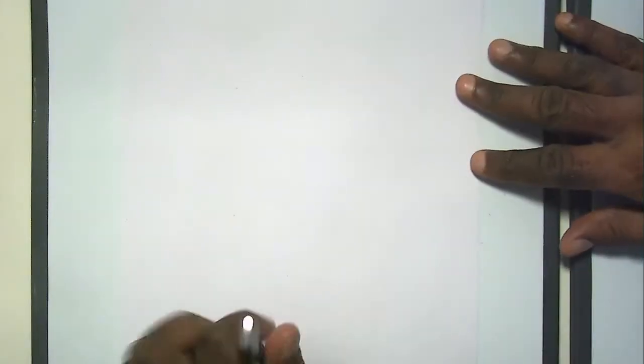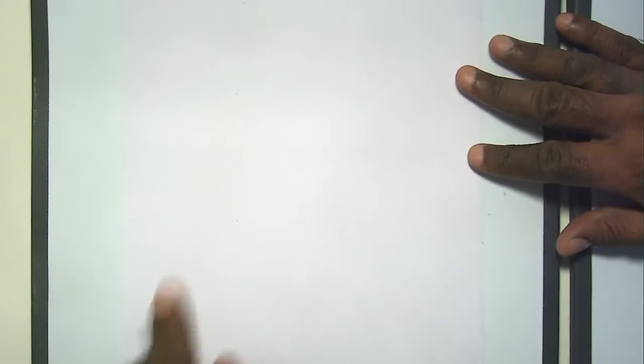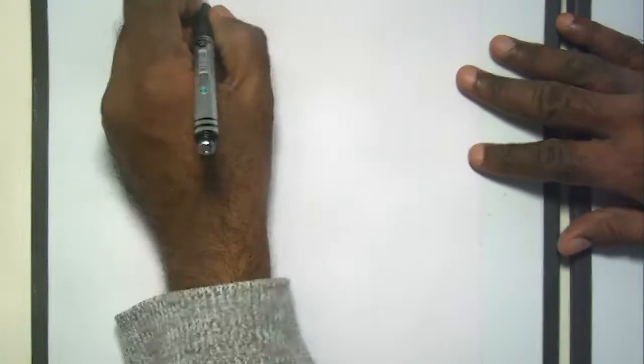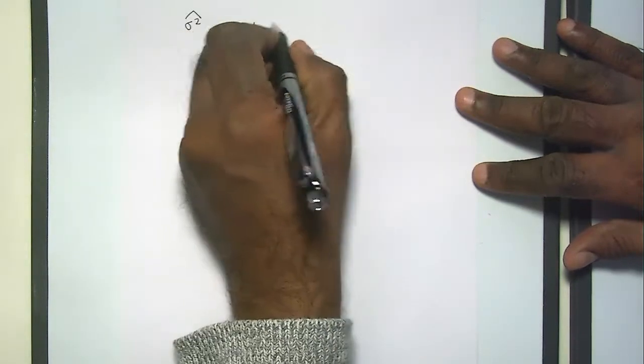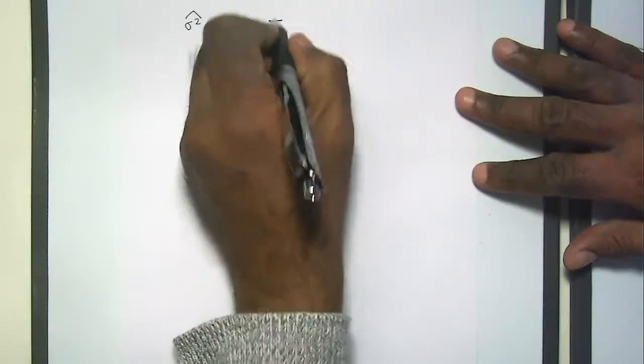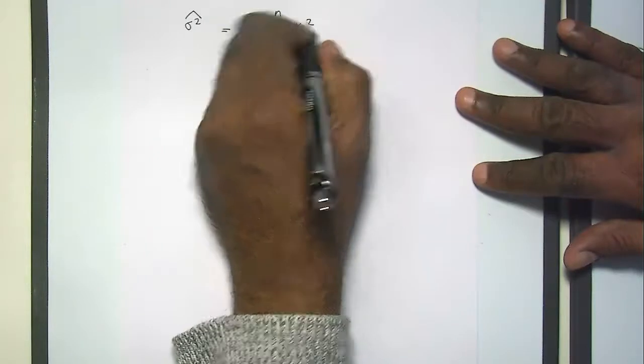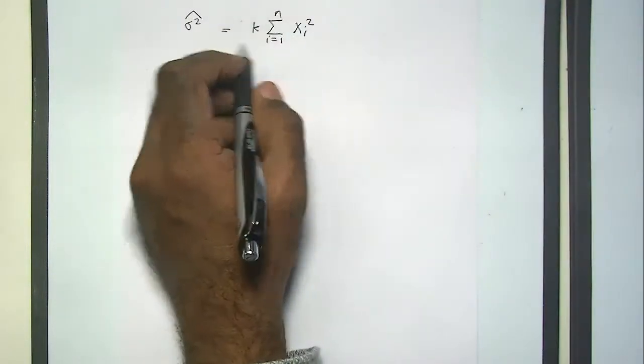Let me show you how to do question 8, if you haven't done it already, okay? It's similar to question 9, which we just did. So you have sigma squared, the population variance, and the estimator of that is k times the sum of xi squared, and we want to find k so that it's unbiased.